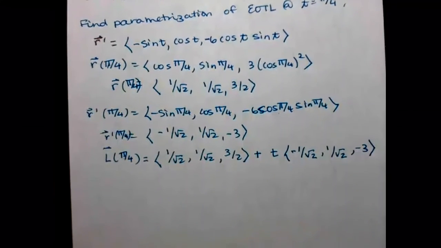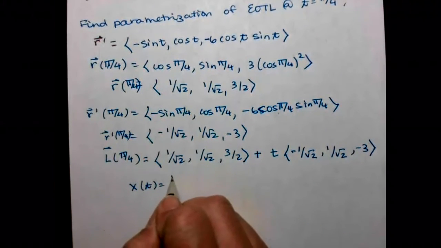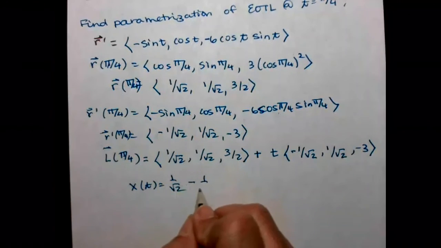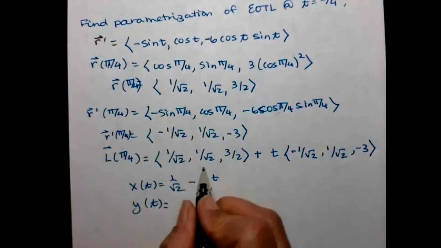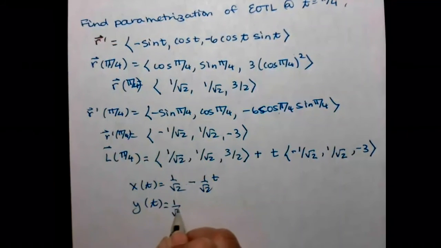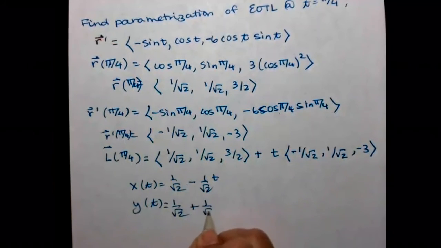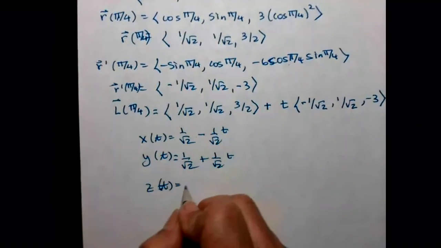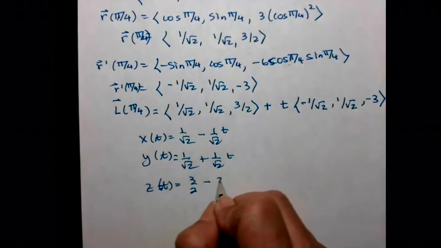So you could write these component-wise, right? So your x of t, right, 1 over root 2 minus 1 over root 2 t. Y of t is its, right, starting value, 1 over root 2, plus 1 over root 2 t. And then the z component, starting at 3/2, minus 3t.